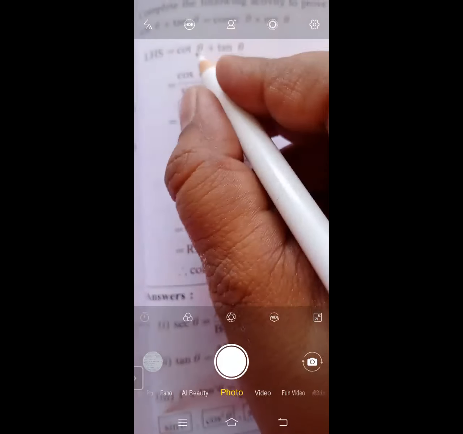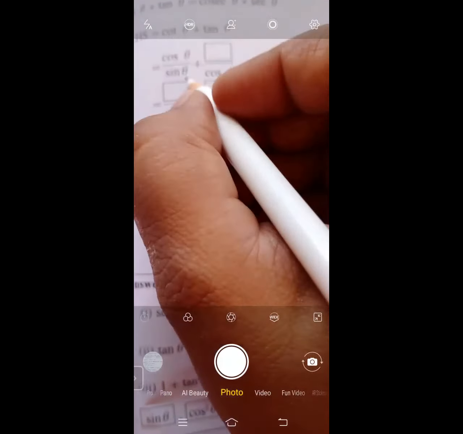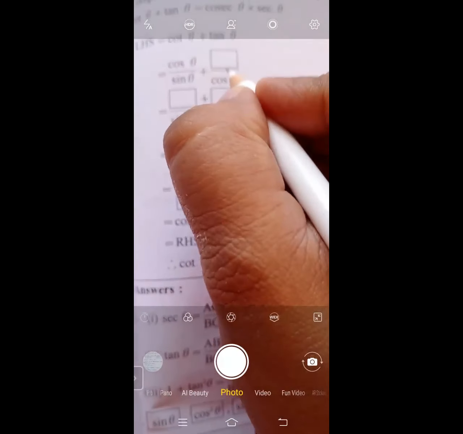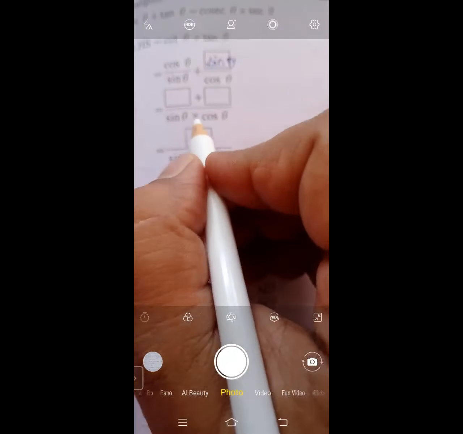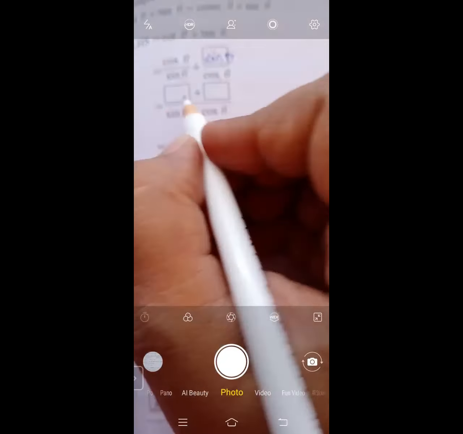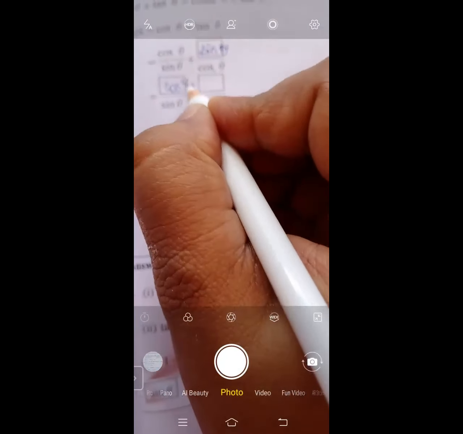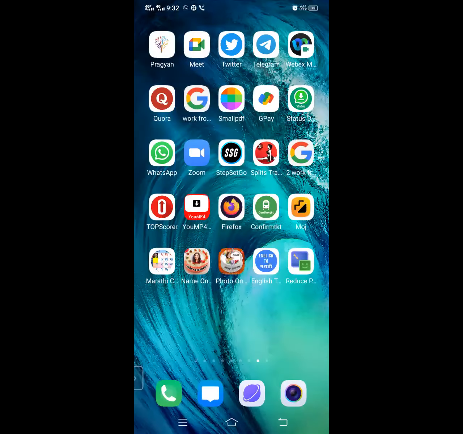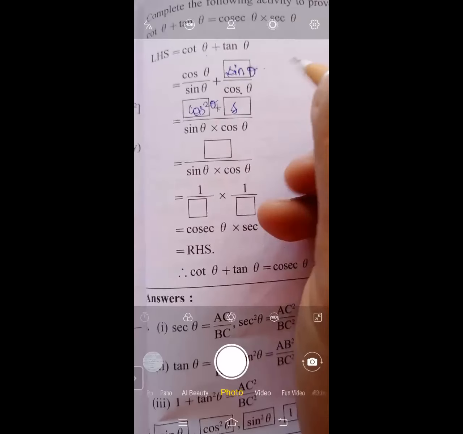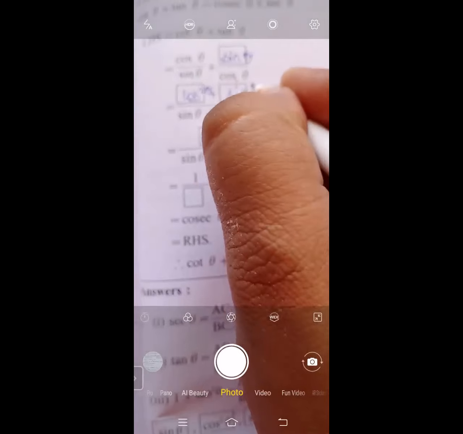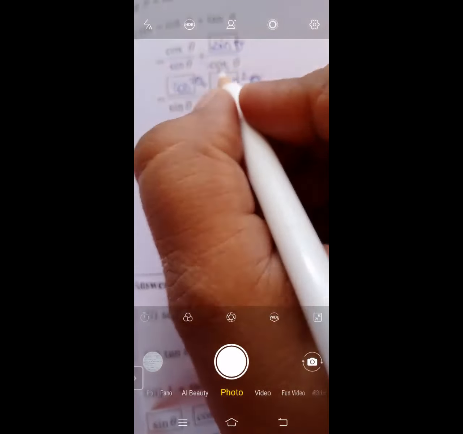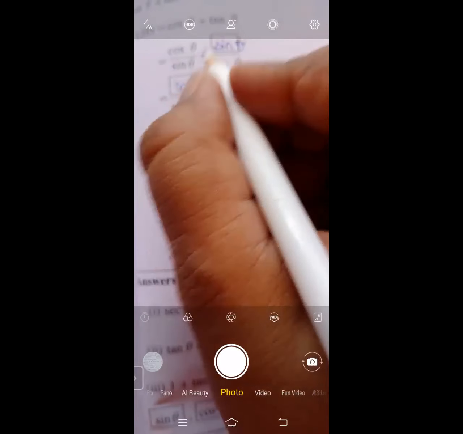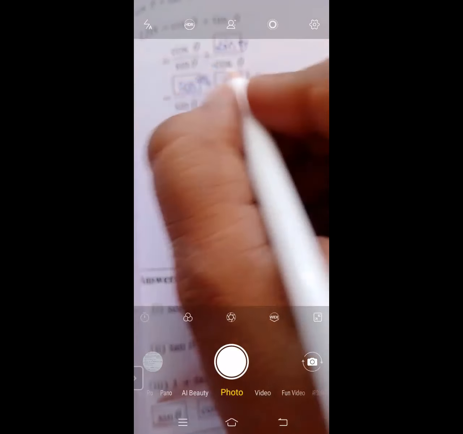So how we can write cot theta? We write cot theta as cos theta upon sin theta, and tan theta as sin theta upon cos theta. They have multiplied cos to this fraction and sin to this fraction to make the denominators equal.